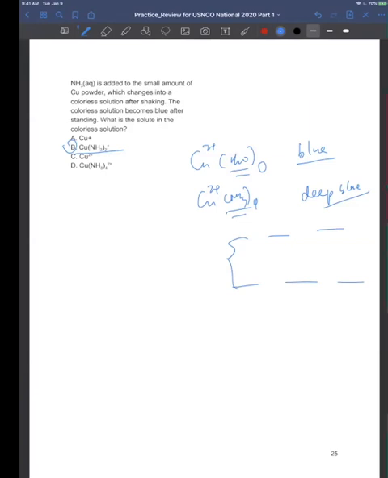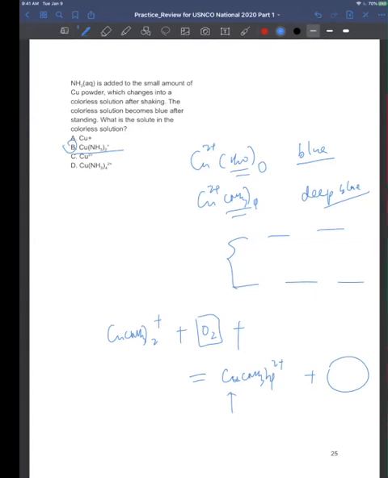I'm talking about, you know, the colorless solution changed into blue. Is O2 a reasonable oxidizing agent? And then what is the product of the O2?